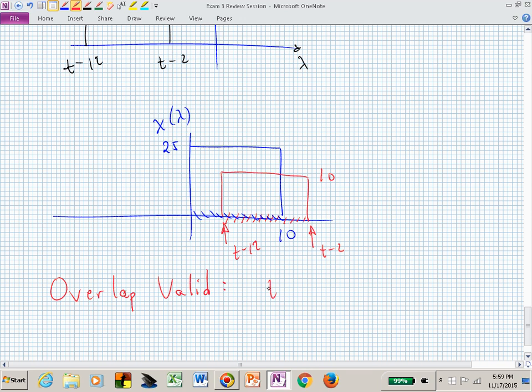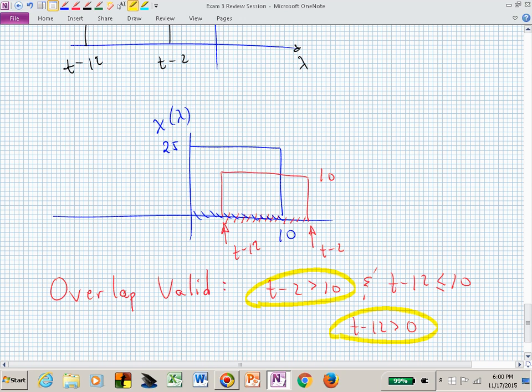So now I need t minus 2 to be greater than 10, and t minus 12 to be less than 10, and maybe it's all mixed up and you say, well, I also need t minus 12 to be bigger than 0. All three of those need to be true. And now you're trying to find the ones that are in play. But because these are the same width, these two are going to give you the same answer.